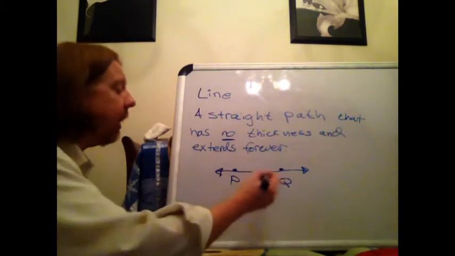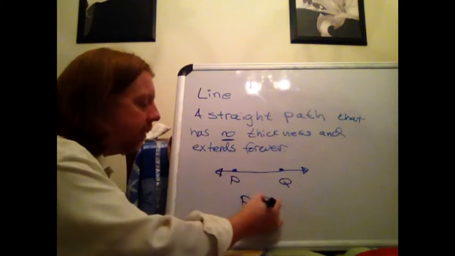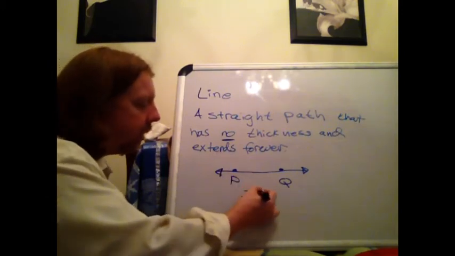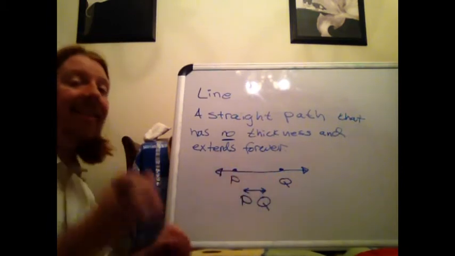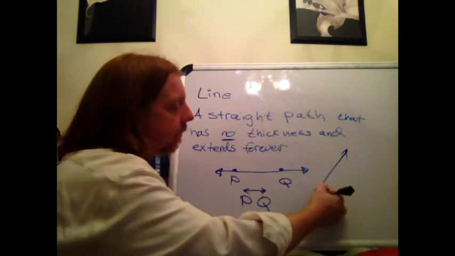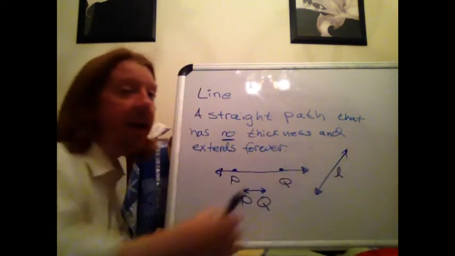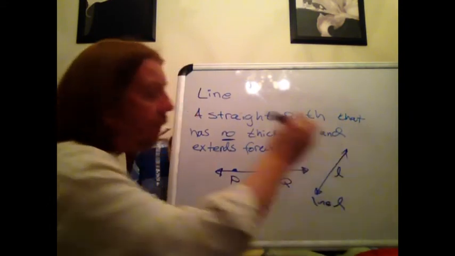Now, lines can be named either by picking two letters from them, two points, P and Q, and drawing a double arrow over the top. Or we can assign a single letter name to it. So here's another line. Say we attach the letter L to it. This would then be referred to as line L.